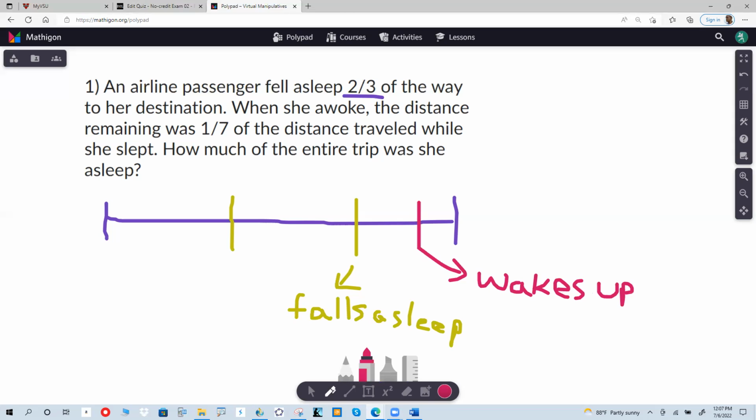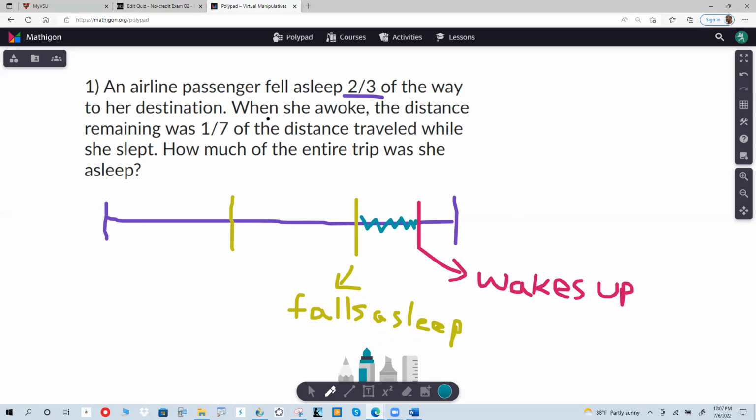Now, I have to understand that right here, she is asleep. This purple straight line without the blue zigzag is where she's awake. This part she's awake, this part she's awake. This is asleep. She's asleep during the wavy symbol.